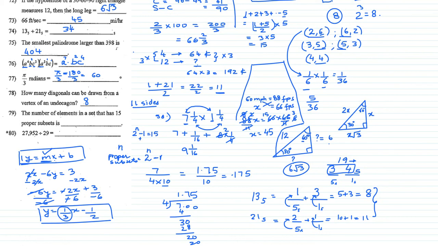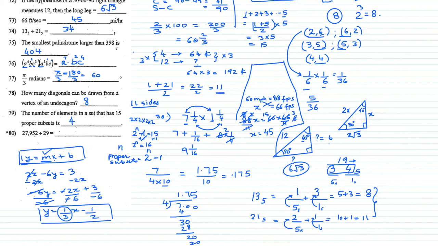So I add 1 on both sides. So this cancels. So I get 2 to the power n is equal to 16. So what is the value of n? So I know that 2 times 2 times 2 times 2 is 16. So therefore n is equal to 4. So if we have a set that has 4 elements, the number of proper subsets will be equal to 15.